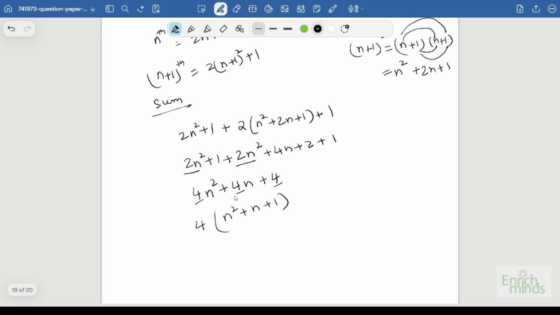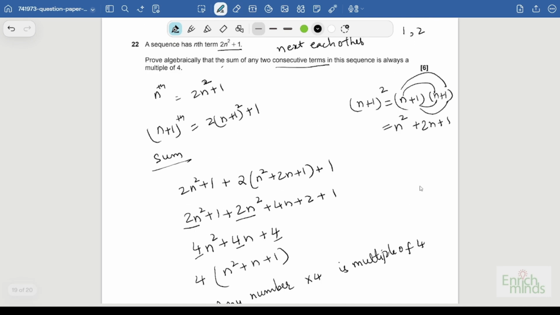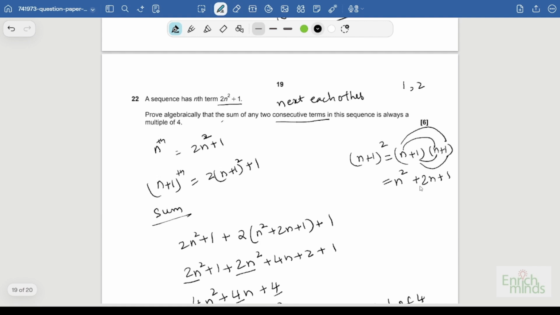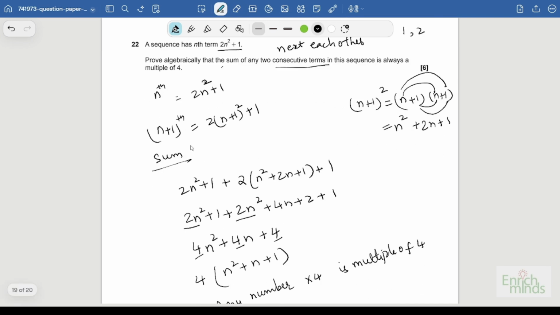Now I can say that anything multiplied by 4 is a multiple of 4, right? Any number times 4 is a multiple of 4. So I have come to the conclusion that the sum of consecutive terms for this sequence gives me an answer that is a multiple of 4.